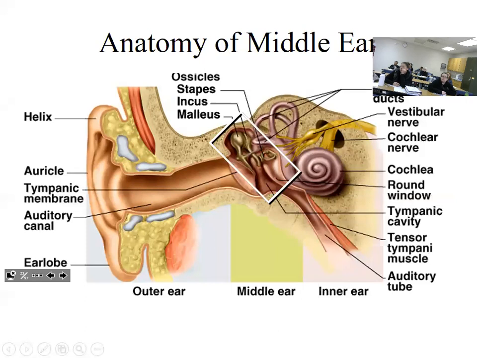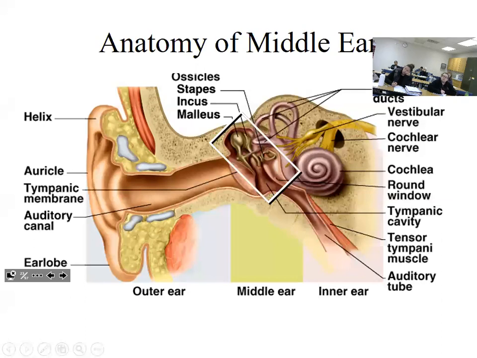This middle area of the ear, did I say brain? I meant ear. This middle area of the ear is actually referred to, when you have an infection, as otitis media. Have y'all heard of that? Otitis media? Because that means inflammation of this little middle part where the bones are.